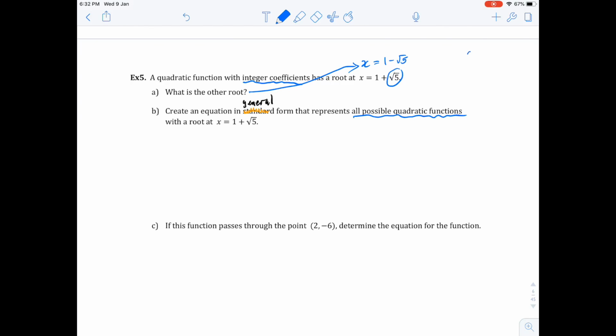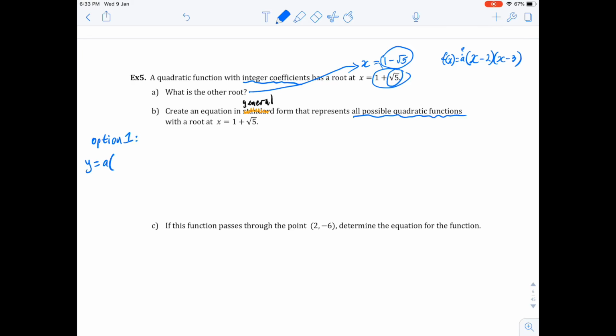If I had roots of 2 and 3, you would know that the function was x minus 2, x minus 3, and of course I would then need to know whether or not it had been dilated at all. In this particular case, the root is a little bit more complex, but the method is the same. And so option number 1 would simply be to use the intercept form.